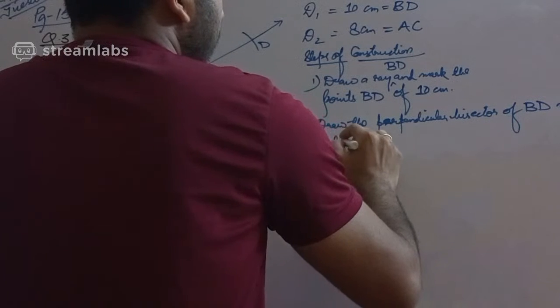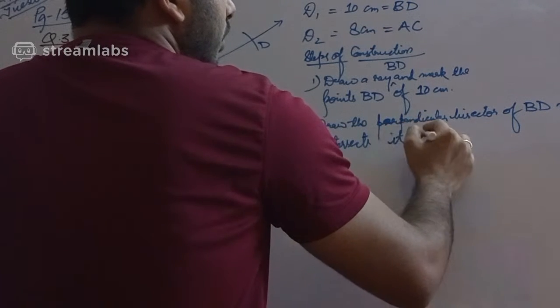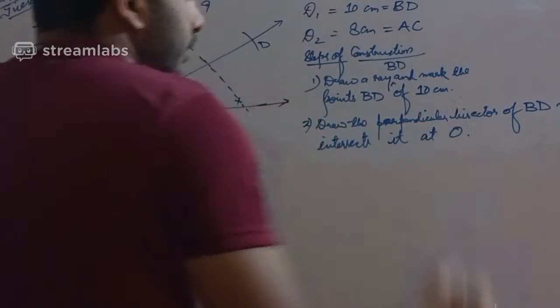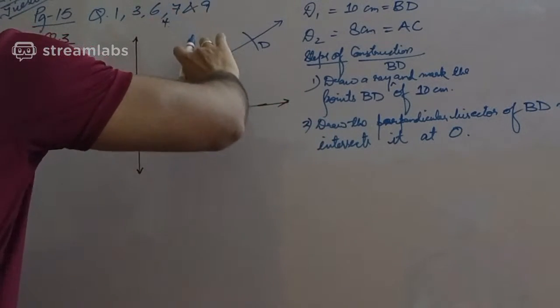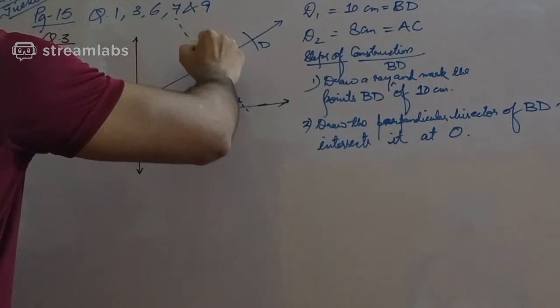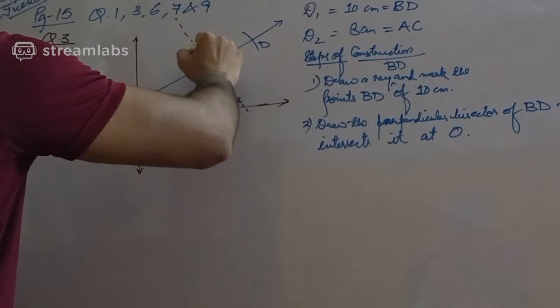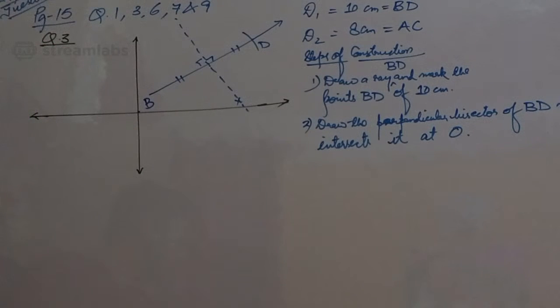For example, like this. Okay. So if it is a perpendicular bisector, then what can we be sure of? We can be sure of two things. First of all, it is a perpendicular, and it is a bisector. Two things are very much clear.